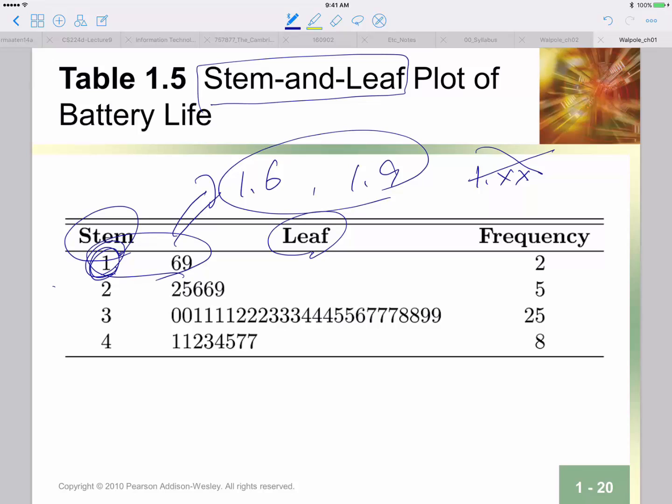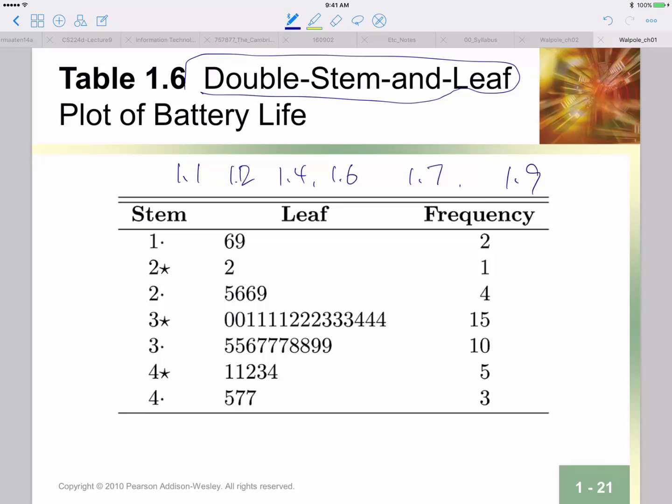It would have just this one row, but this is 2 rows, and then we can split them further into this range as 1.0 to 1.4 and 1.5 to 1.9. Okay, so we can have these two ranges.